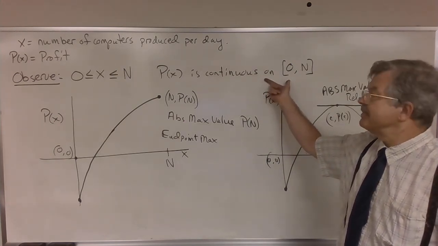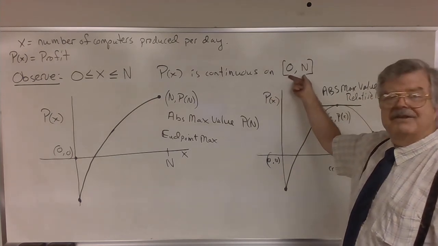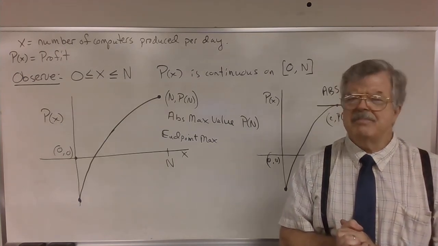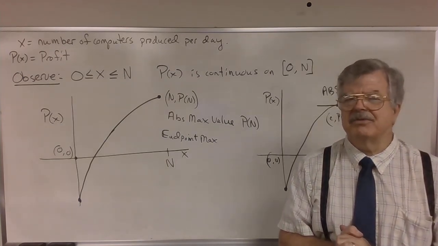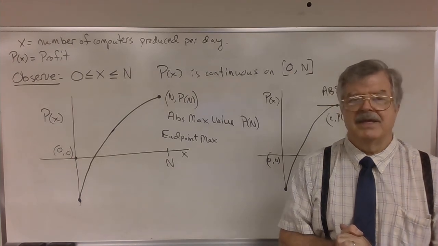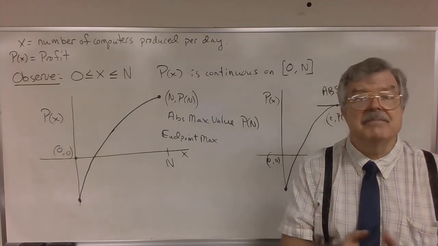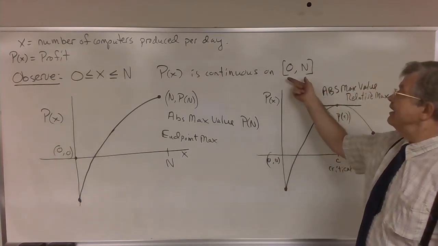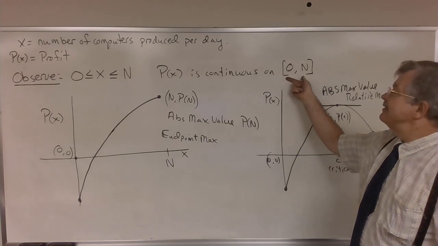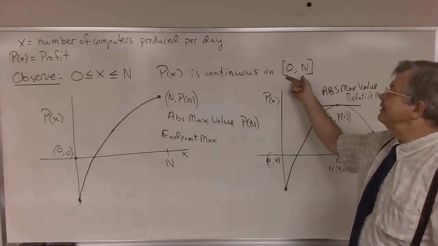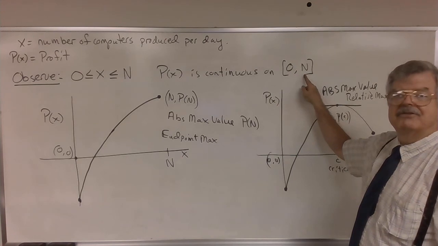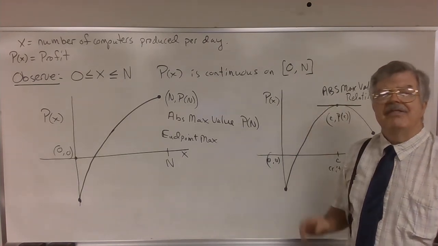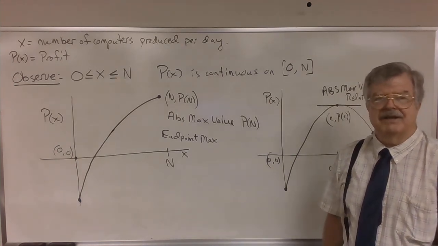And just think of it. If this is the interval that contains x, and x is the number of computers, can we manufacture a negative number of computers every day? No. Can we manufacture infinitely many computers every day? No. So having our profit function restricted to a closed interval from 0 to some positive number n, where this represents maximum production, that's actually the model that makes sense.